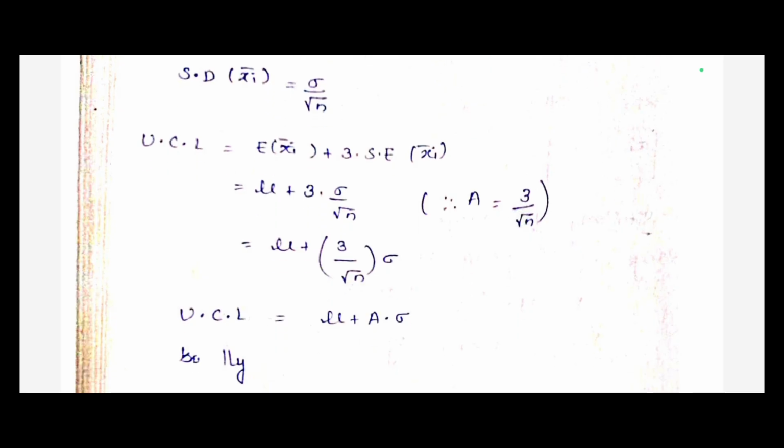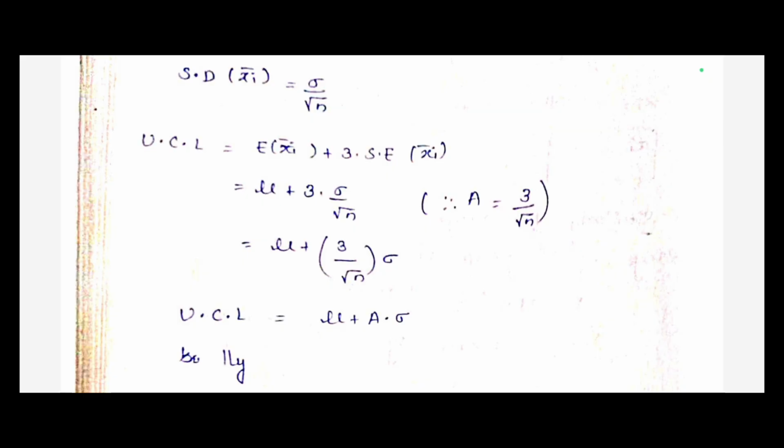Just substitute these values in the UCL formula. What is the upper control limit? Expected value of x bar plus 3 into the standard error, or standard deviation of x bar, that is mu plus 3 into sigma divided by under root of n.